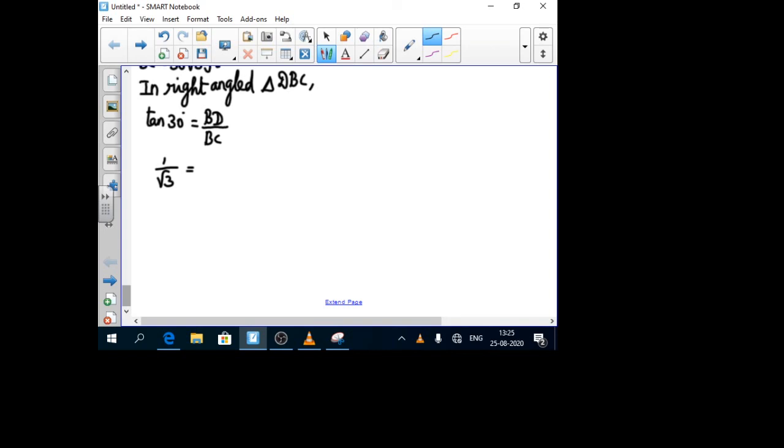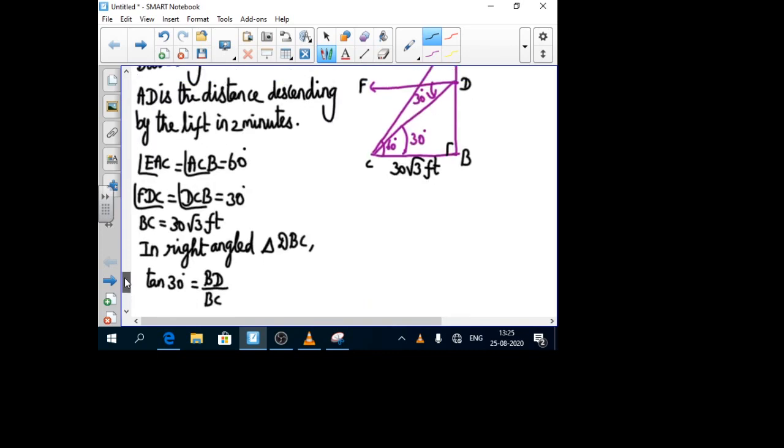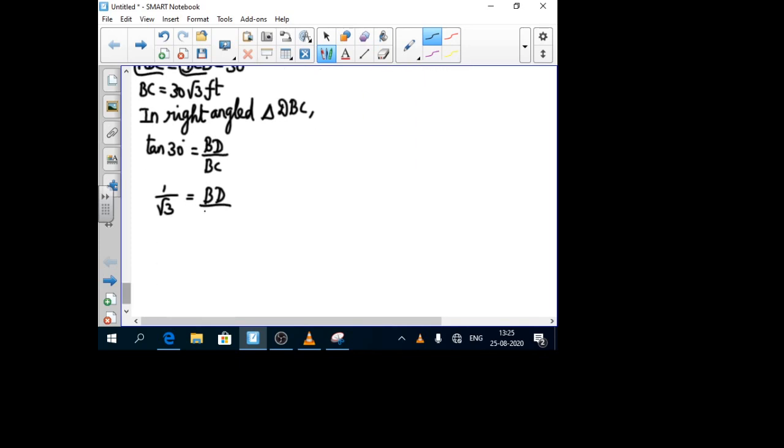BD equal to BC divided by root 3, and that BC value is 30 root 3. Root 3 gets cancelled. You will get the answer as BD equal to 30 feet. Everything is given in feet.